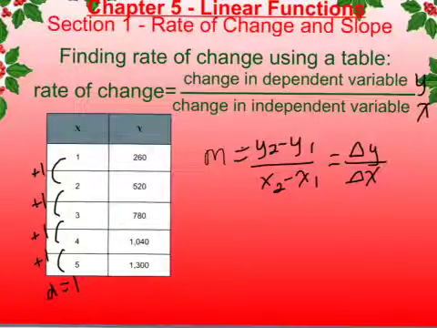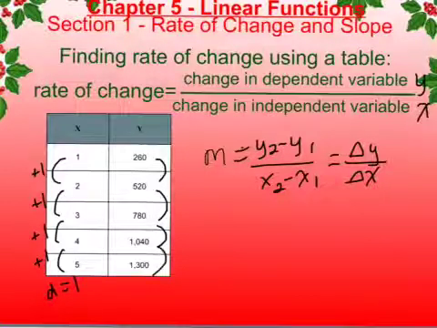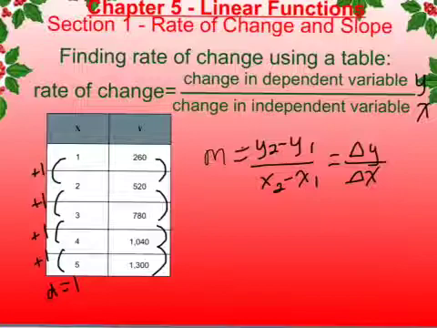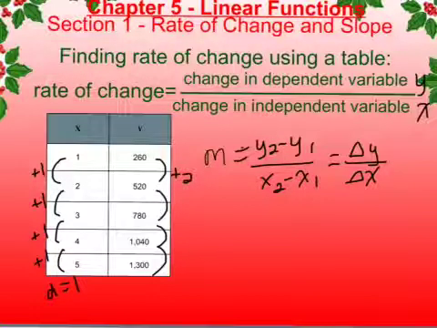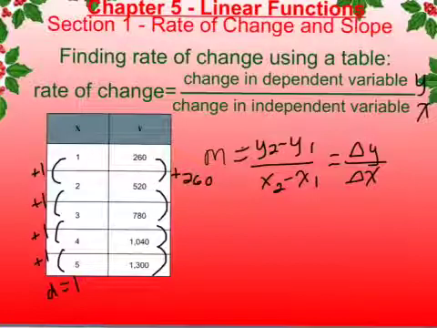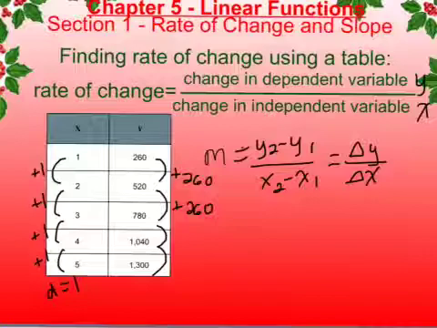Now the y variables, from 260 to 520, we can see that we're adding 260. From 520 to 780, again, we're adding 260. 780 to 1040, if you need to check in your calculator, find the difference between them.